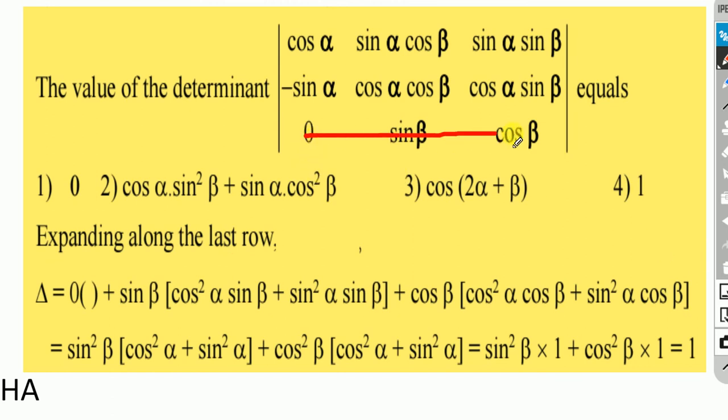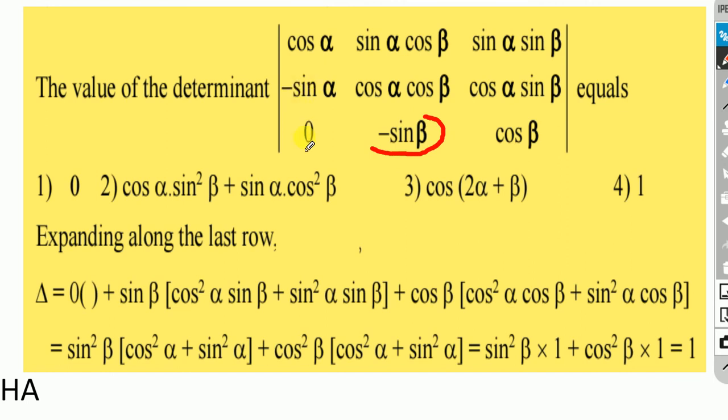So 0 into A21 into A12 into A23 and A22 into A13. So when you expand this with 0, whatever these products may be, 0 into that something will be 0 here. So we need not worry about that.